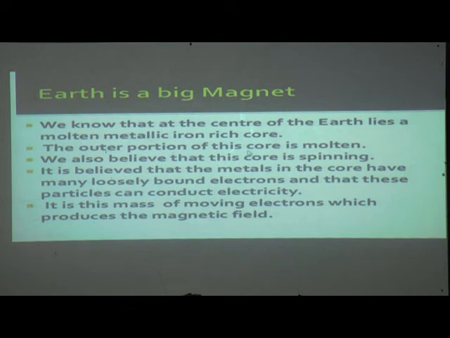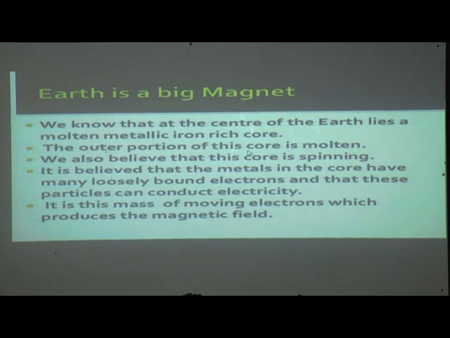We learn in geography about the structure of the earth, what type of structure is at the center and at the poles. So the center of the earth is rich in molten metallic iron.